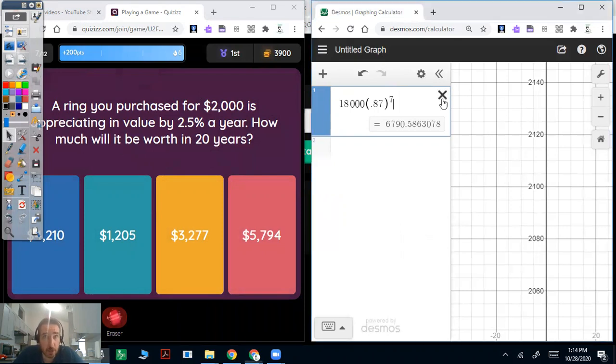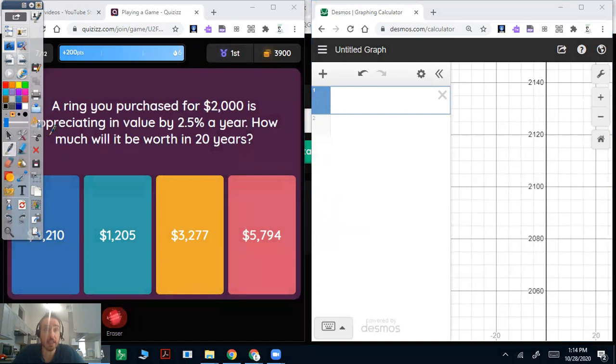Okay, the next question. A ring you purchased for $2,000 is appreciating. Appreciating is growth, so this is the problem just the opposite way. It's going to be 1 plus r, and so we'll have A equals a times 1 plus r to the t power. We have our initial amount, that's your little a, and 1 plus your rate.